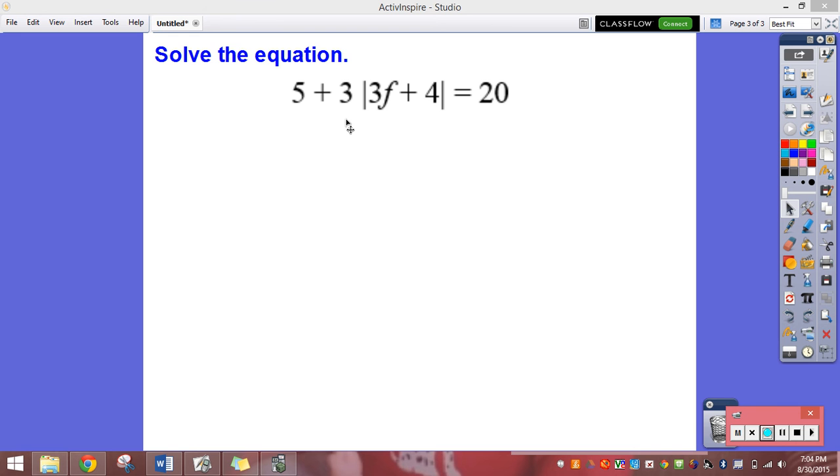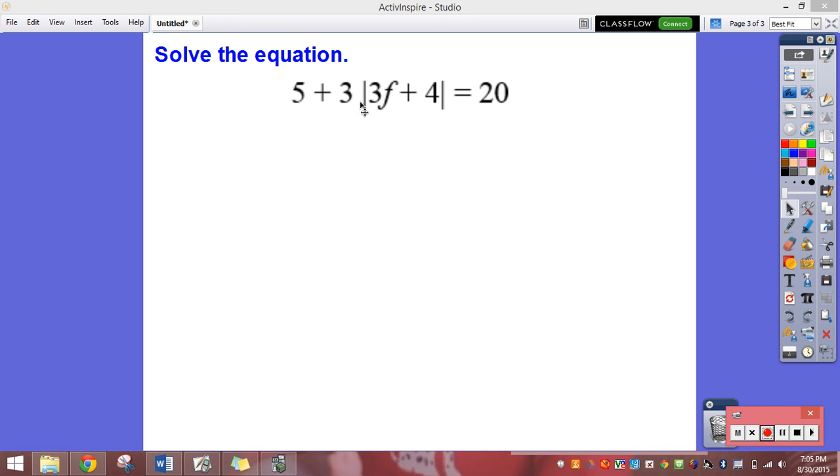Here's a couple of common errors that happen with these types of problems. First common error is a lot of students think that they can add 5 plus 3. But you have to remember the order of operations. Remember, the order of operations says you have to multiply and divide before you can add and subtract.